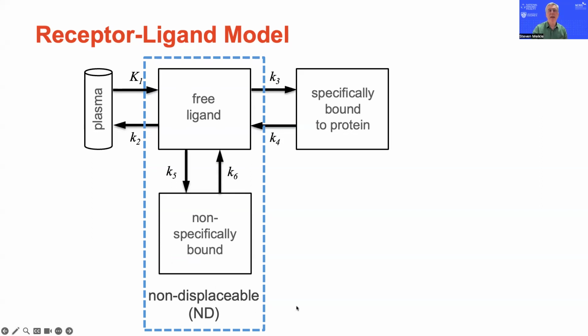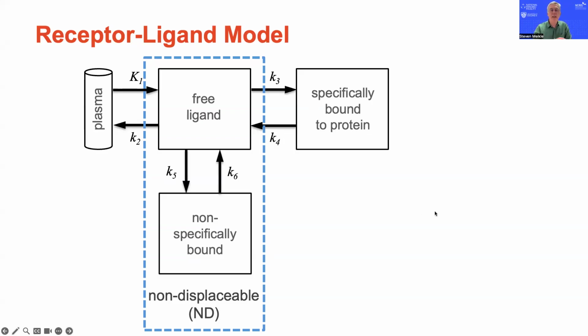The reason we call it that is because if I was to inject the patient with a drug that I know binds to my target protein, my target receptor, it would have no effect on what's happening in these pools here, because it's not interacting with the same protein. It would only affect the amount of tracer bound to my specific target protein.